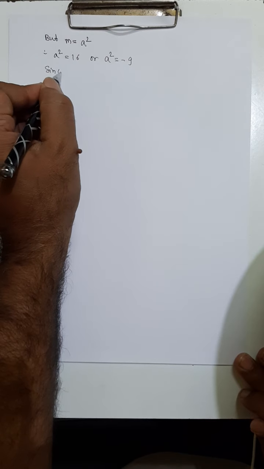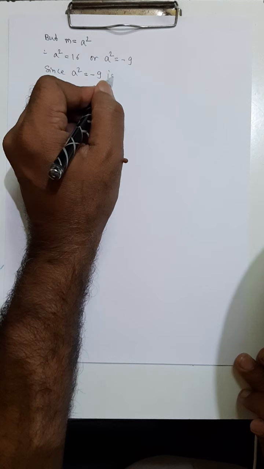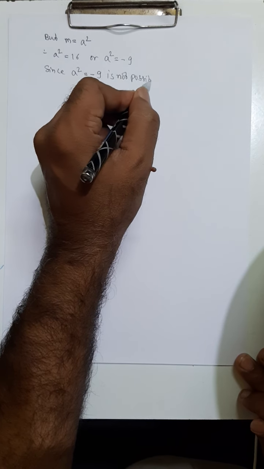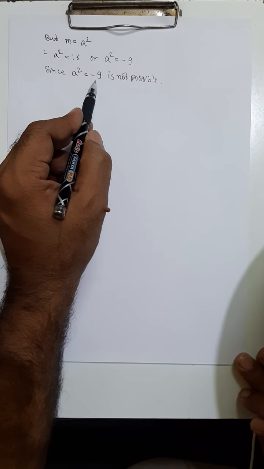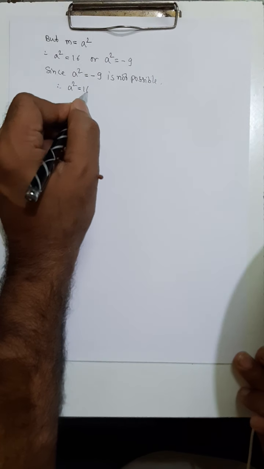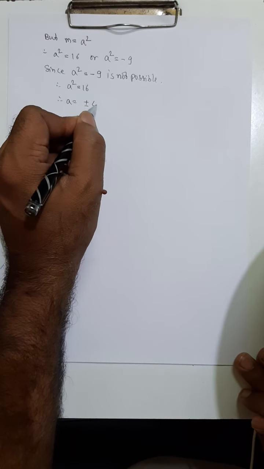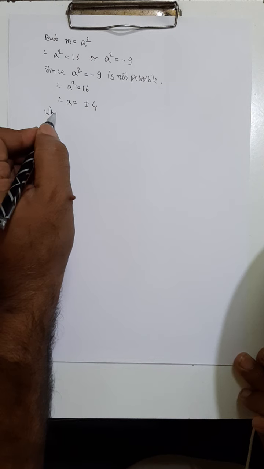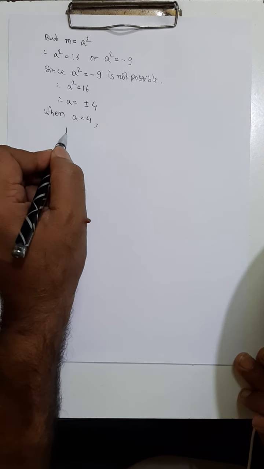Since a square equal to minus 9 is not possible because a is a real number, square of real number is not negative, that is the wrong equation, and therefore possible equation is a square equal to 16, and thus we get a equal to plus minus 4. So we know values of a, we can find b. So when a equal to plus 4, we can find b.